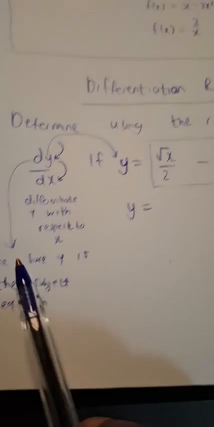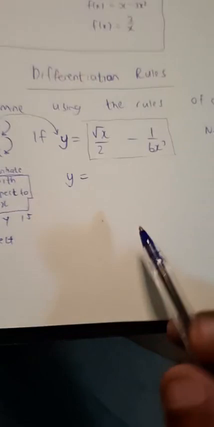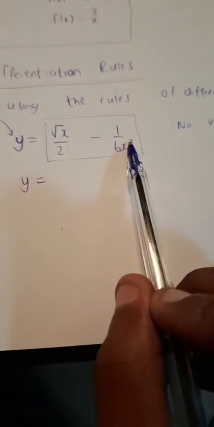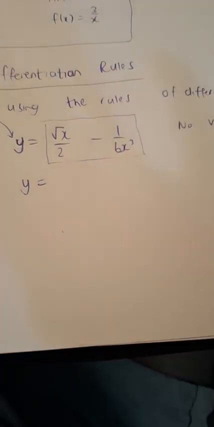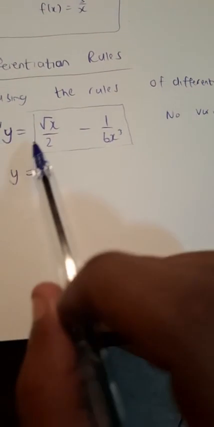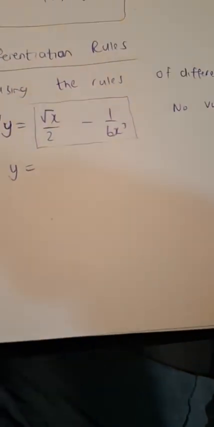And I cannot begin to differentiate with respect to x until I've made sure that this expression has a coefficient and variable for each term that is defined and distinct, and all roots are converted from root form to exponential form.